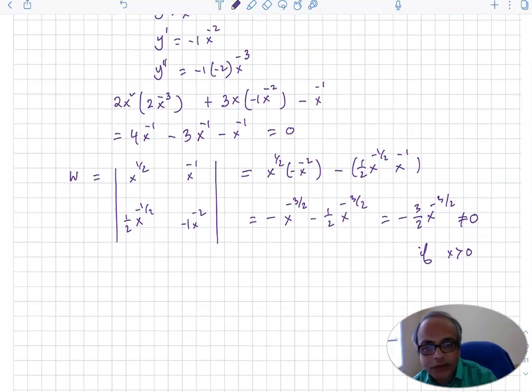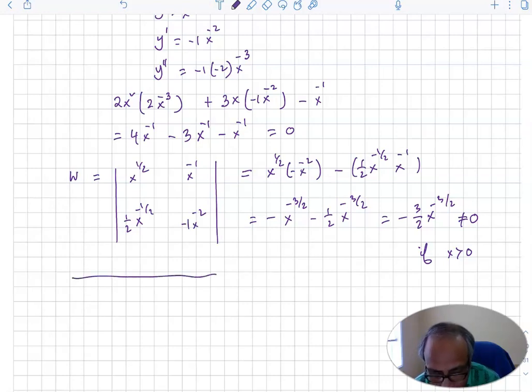So then we have a fundamental set of solutions for this differential equation in the interval x greater than 0. Okay, so hopefully it is now clear what you are going to look for when you want to check whether a set of functions forms a fundamental set of solutions or not.